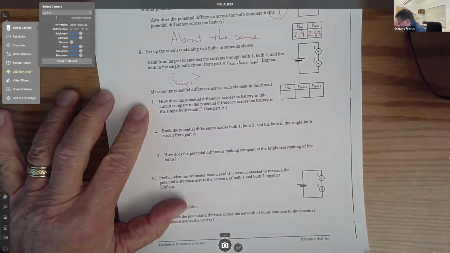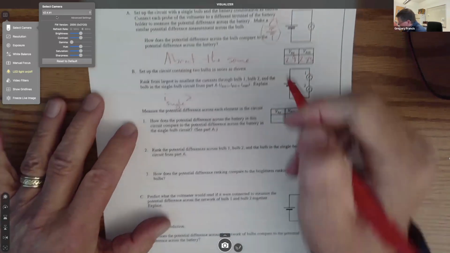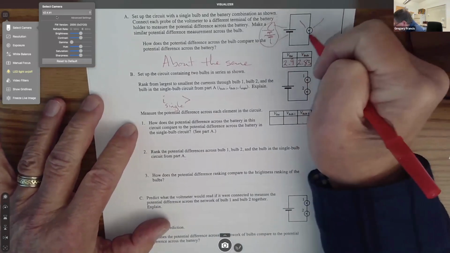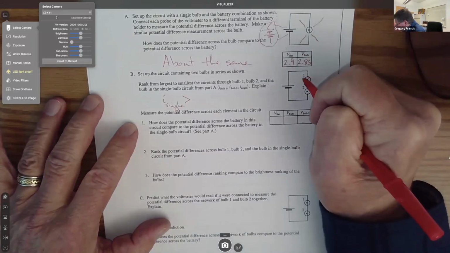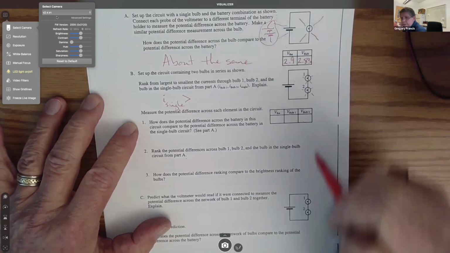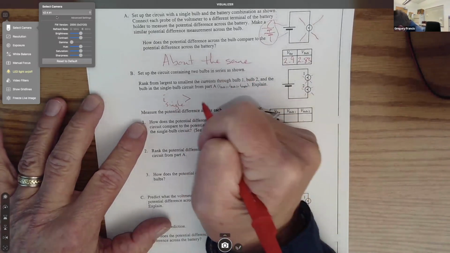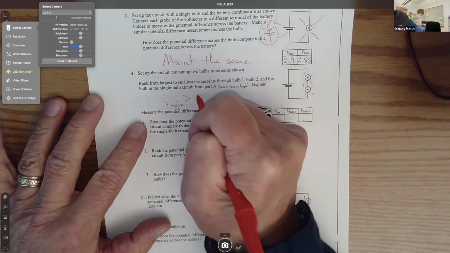And we saw that bulb 1 and bulb 2 were equally dim. So this one was very bright, and these were equally dim. And so they would be equal as far as current is concerned.